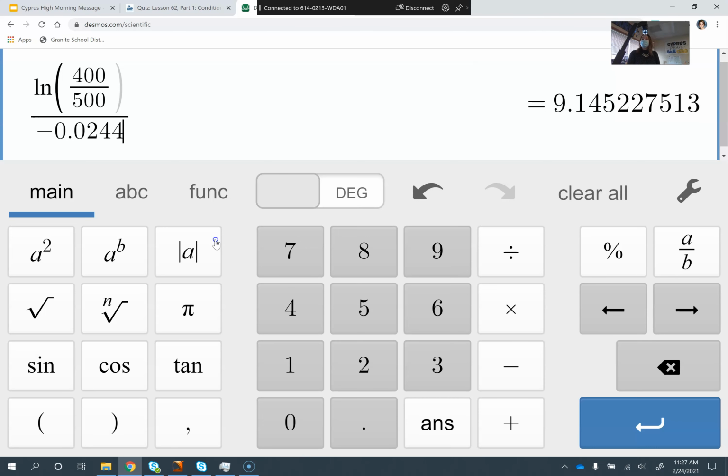So you have to know that if it says find the half-life, you need to cut your starting amount in half. And now it's the same as it was before, except we have 250 equals 500e to the negative 0.0244t.